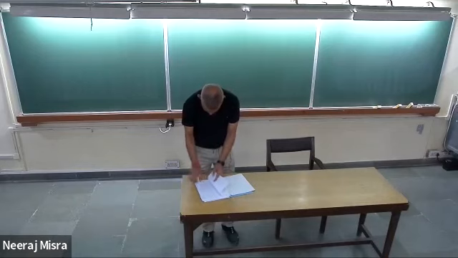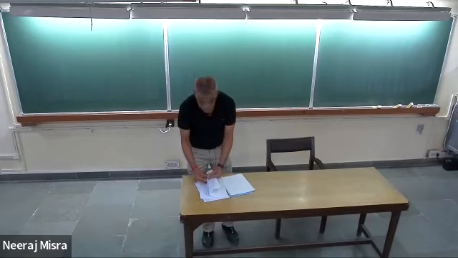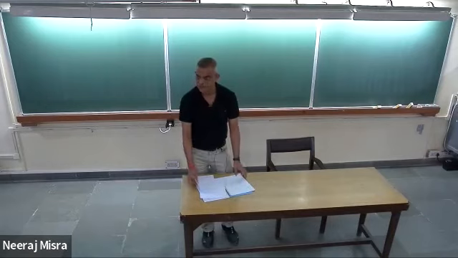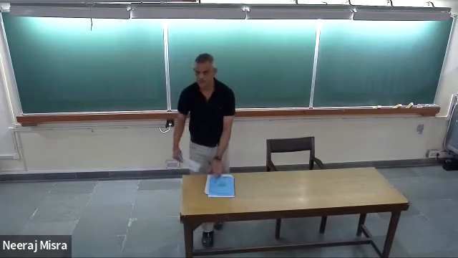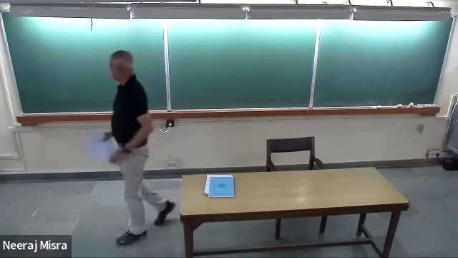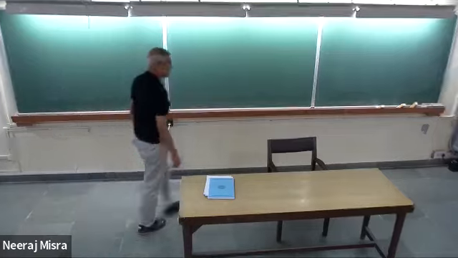So what we were doing yesterday was a result about testing composite hypothesis, basically one-sided composite hypothesis. So the result which we stated last time is of the following type.